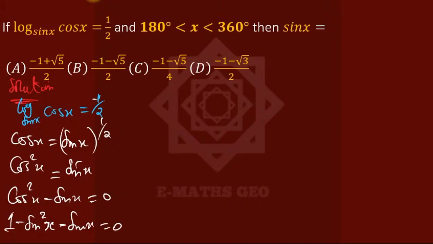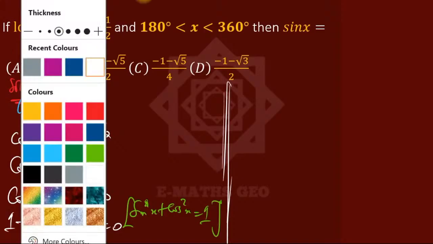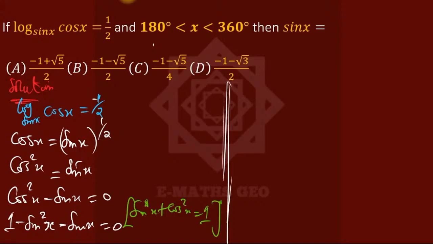From the Pythagorean identity, sine squared plus cos squared is equal to 1. So now I can move the other side to be sine squared, multiplying both sides by negative.